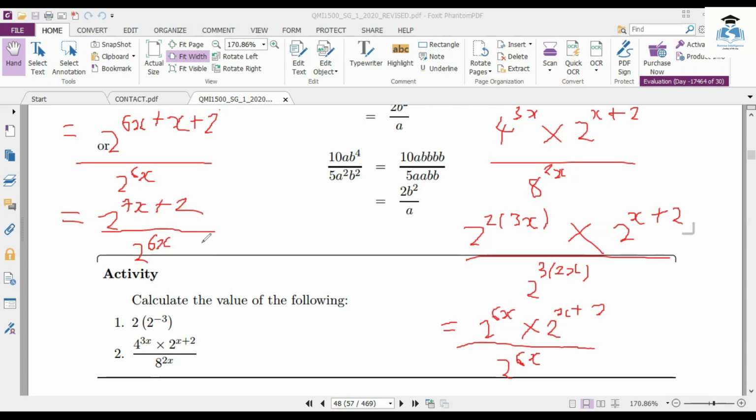Then when we divide and the bases are the same, we subtract the exponents. Then we say 2 to the power 7x plus 2x minus 6x. Then we get 2 to the power x plus 2.